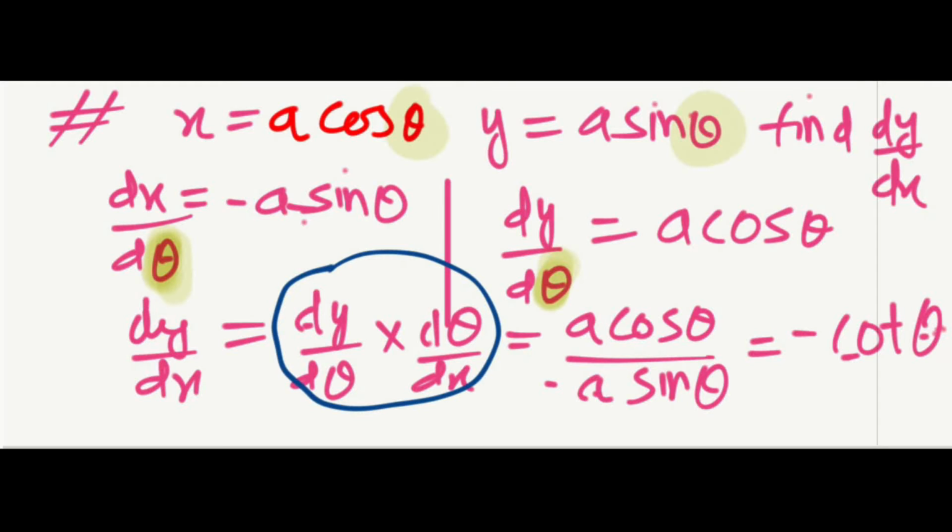So put back the values. The value of dy upon d theta was a cos theta, into the reciprocal of the derivative of x with respect to theta, which is minus a sin theta, but we take the reciprocal, so it comes to the denominator, that is minus a sin theta. a cancels out, and so you get minus cos upon sin, which is minus cot theta.